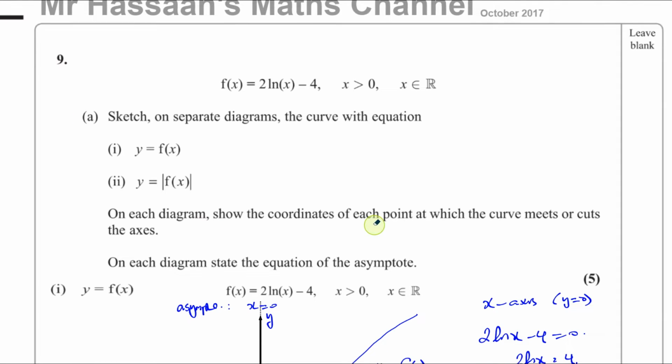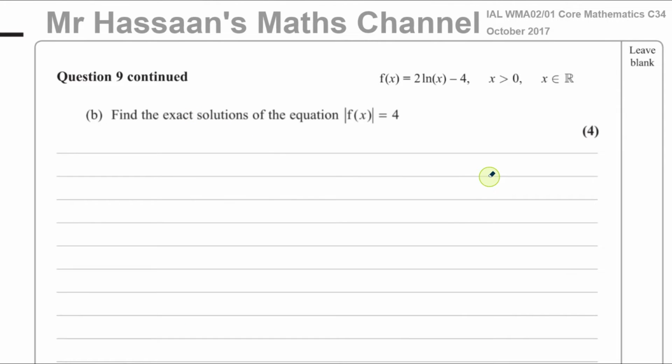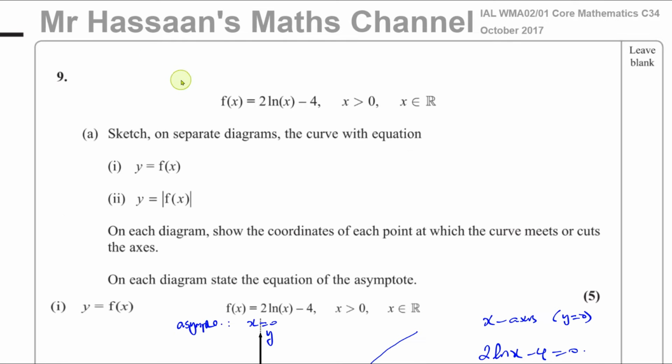Right, now for part B. It says find the exact solutions for the modulus of f of x equals 4. If we take that same graph, actually we can do that here.